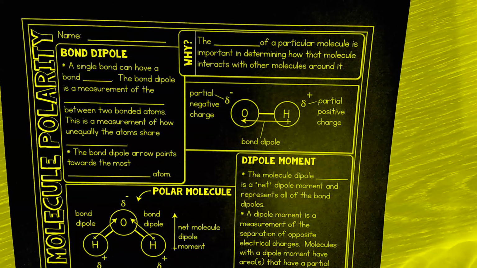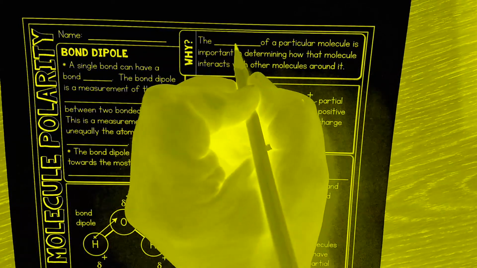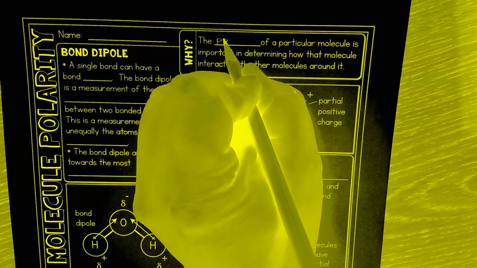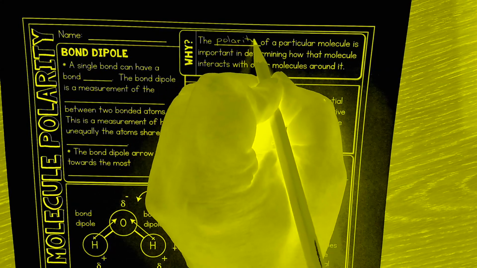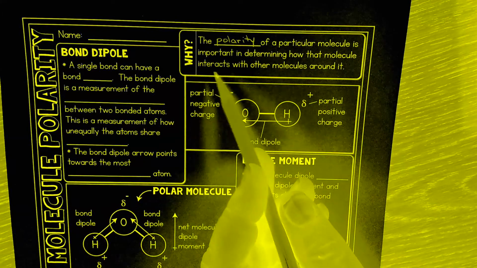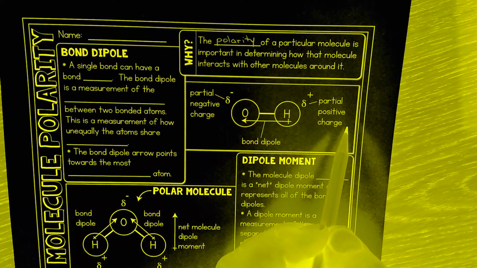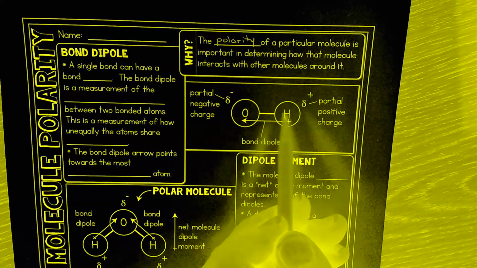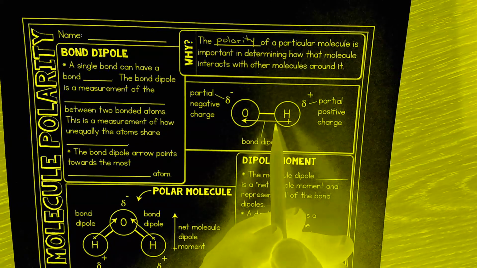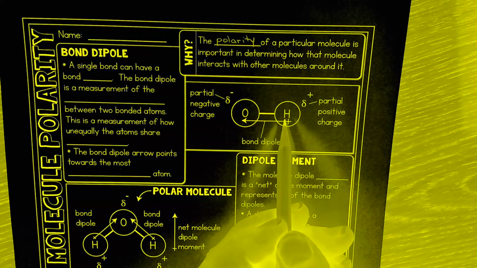So starting up here in the upper right, so what? Like why, right? Well, the polarity of a particular molecule is very important in determining how it behaves and how it interacts with the other molecules around it, right? If it was just neutral, it might not interact at all. But because it has some positive and negative ends, like here you see an oxygen bonded to a hydrogen.